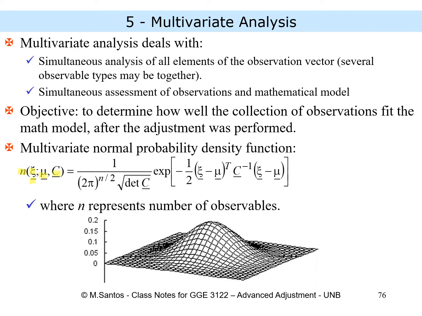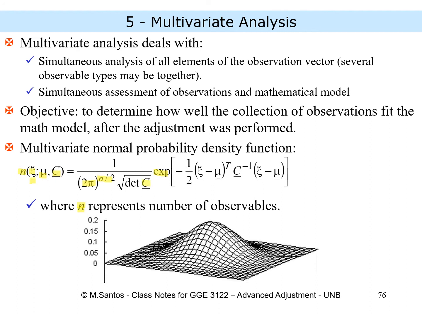And how this normal distribution is built, it is Gaussian, of course, so this term here represents the Gaussian distribution. And what we have here basically is a ratio. We have 2 pi multiplied by n over 2, and n in this case represents the number of observables that were fed into the mathematical model.